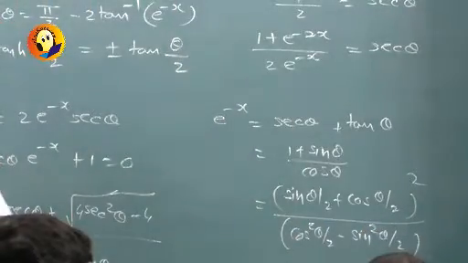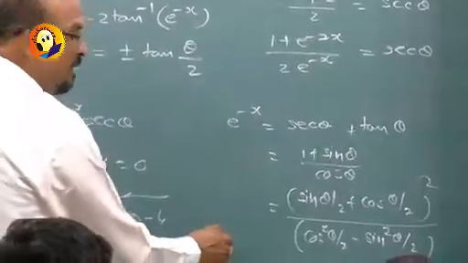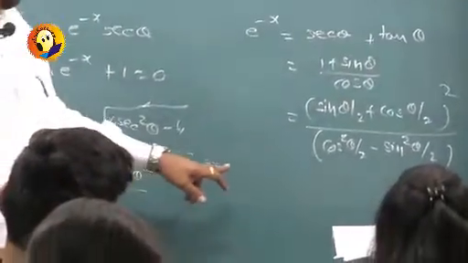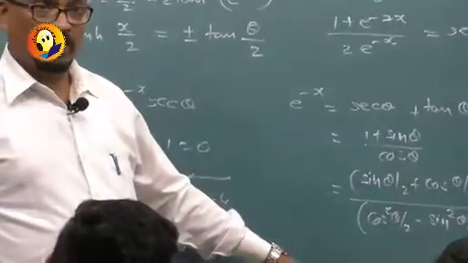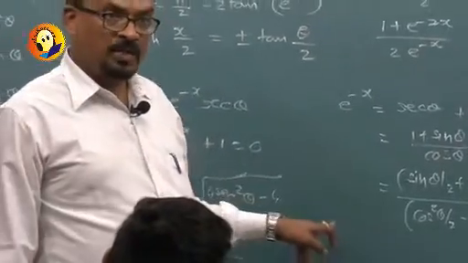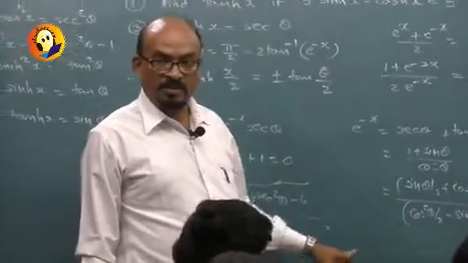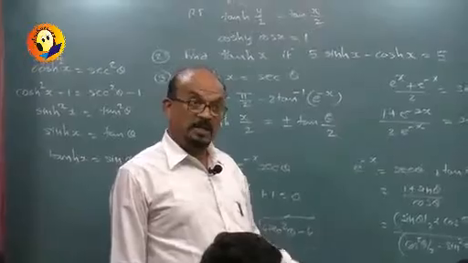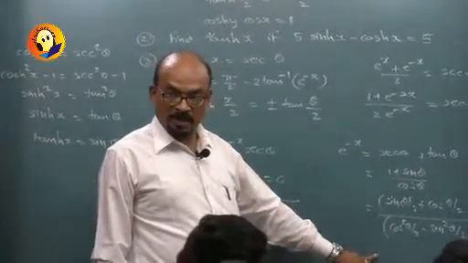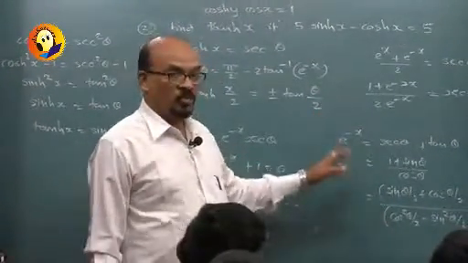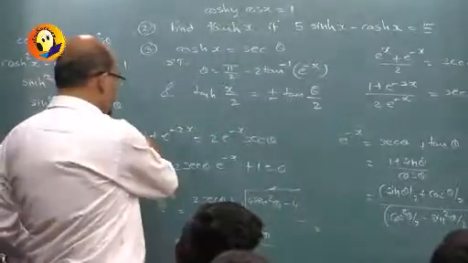Yeah, one factor cuts and you will have sin theta by 2 plus cos theta by 2 upon cos theta by 2 minus sin theta by 2. You divide by cos theta by 2, it is 1 plus tan theta by 2 upon 1 minus tan theta by 2, which is tan of pi by 4 plus theta by 2, and then you go for it. Yeah, so this way works.